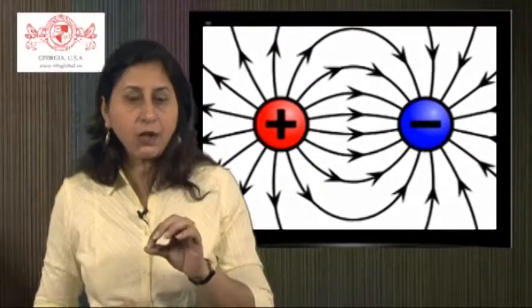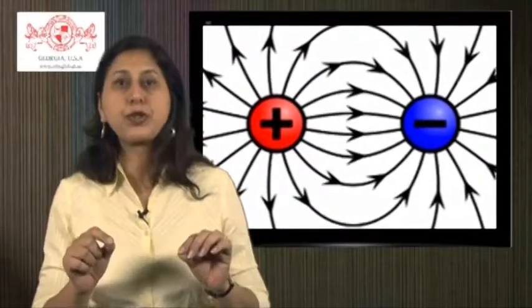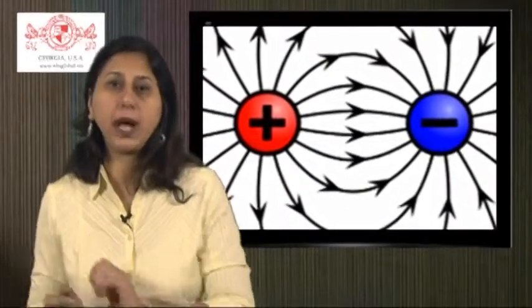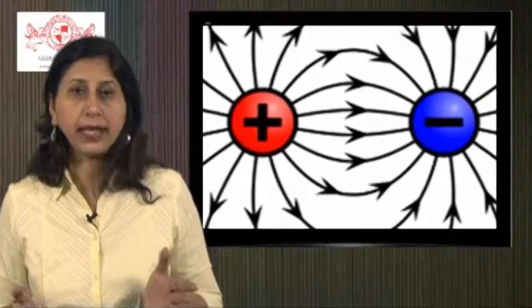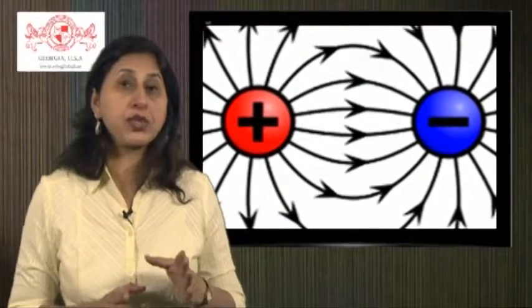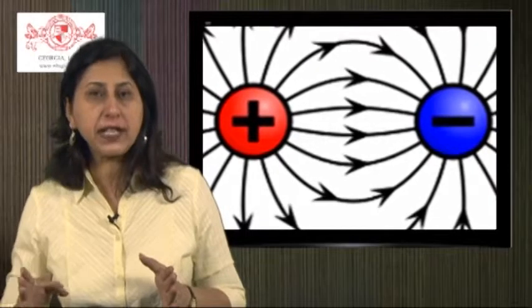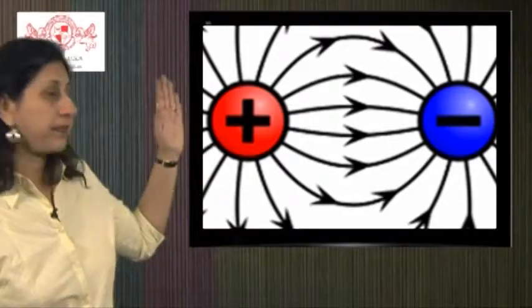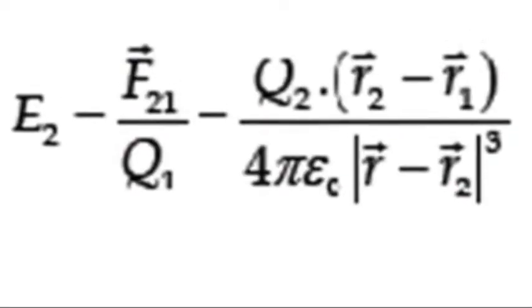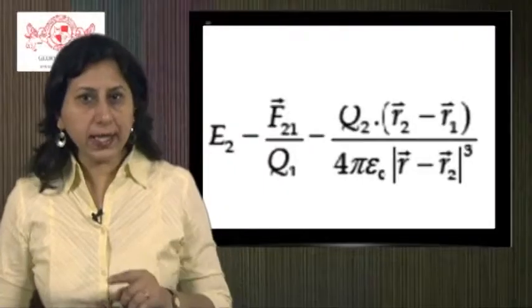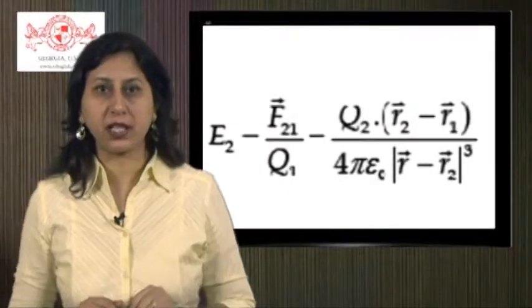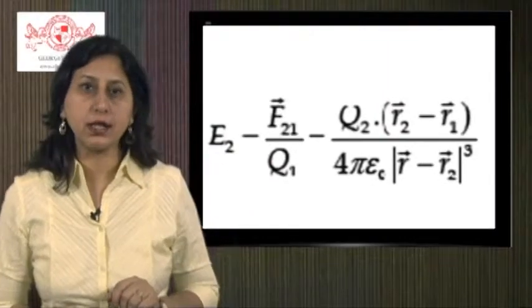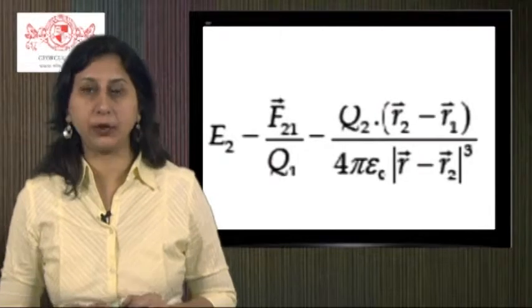Mathematically written, according to equation 1.3, the electric field around any point electric charge has the form, where Q is the charge, RQ is the position vector of point charge and epsilon 0 is the dielectric constant or electric permittivity of a vacuum.